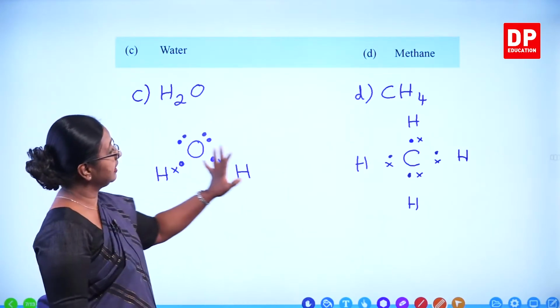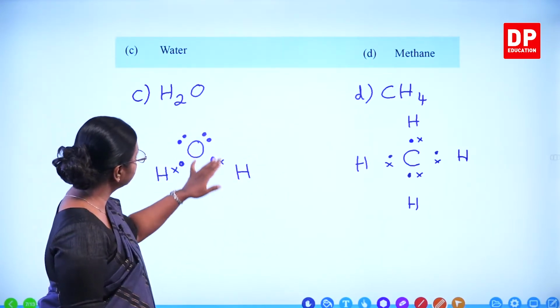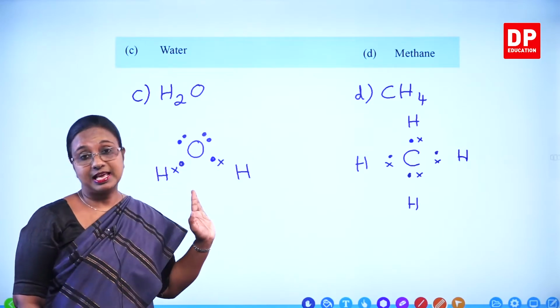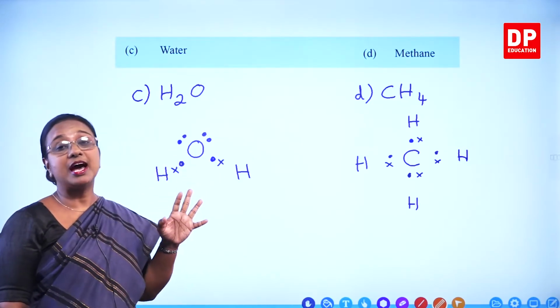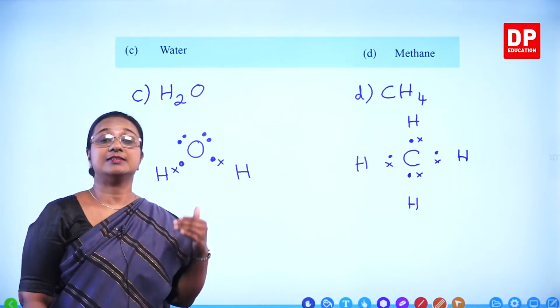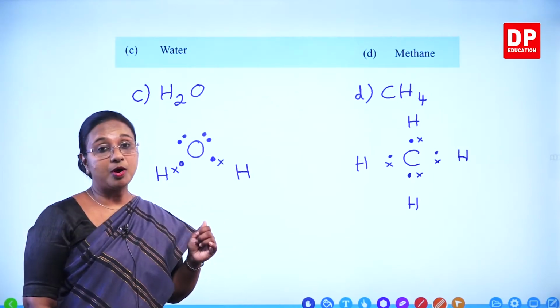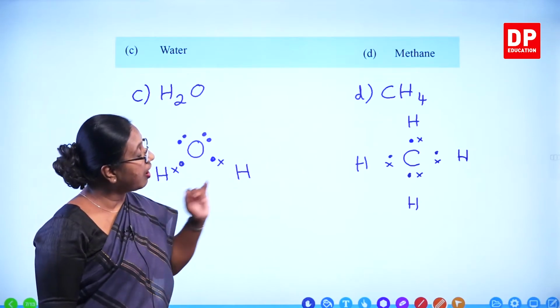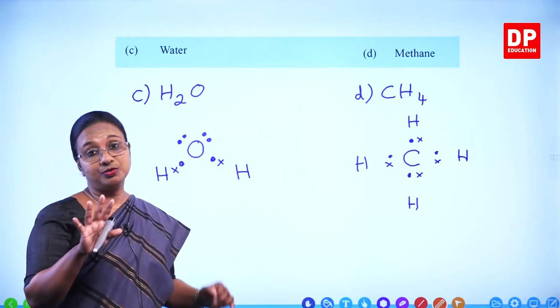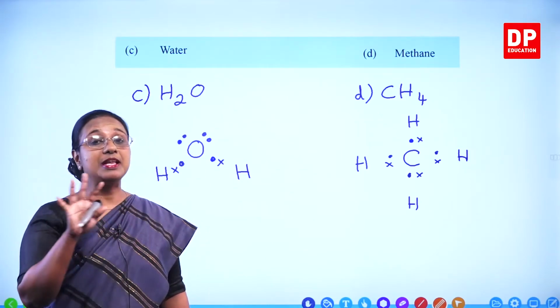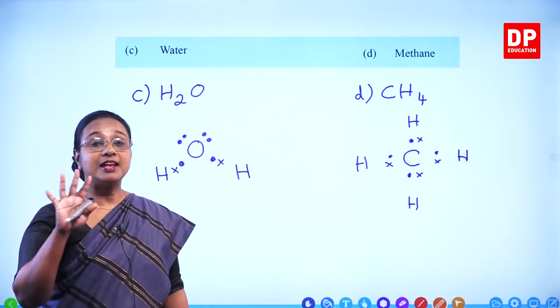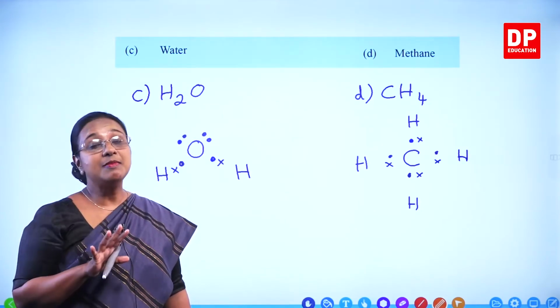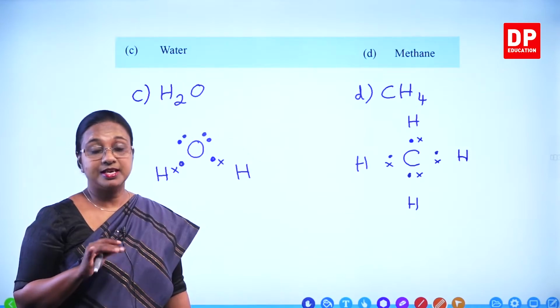So in all these, you can see we only show the valence electrons, and you need to have an idea as to whether the bond is a single bond or a double bond, or how the molecule is, whether it's angular, or how we arrange the atoms. I told you all we have to arrange them in a manner so that there is somewhat symmetry around the central atom.